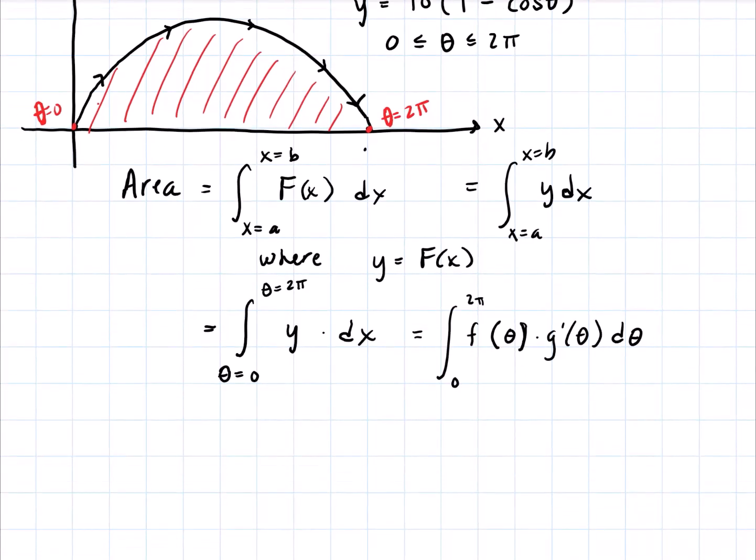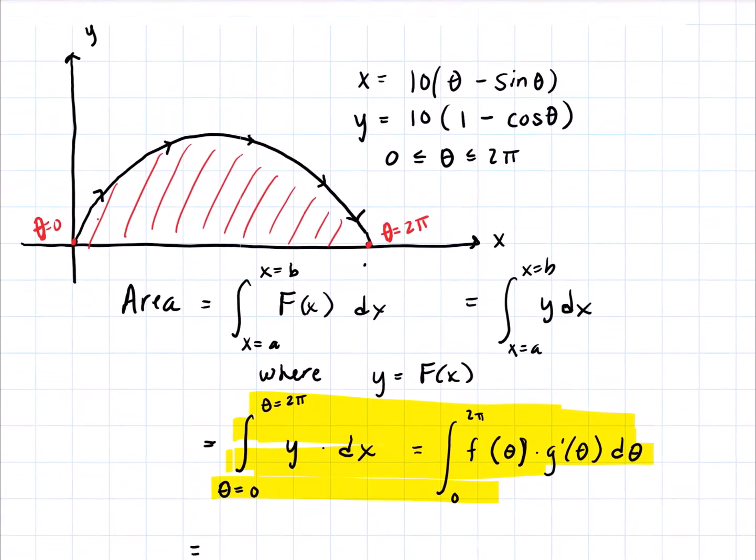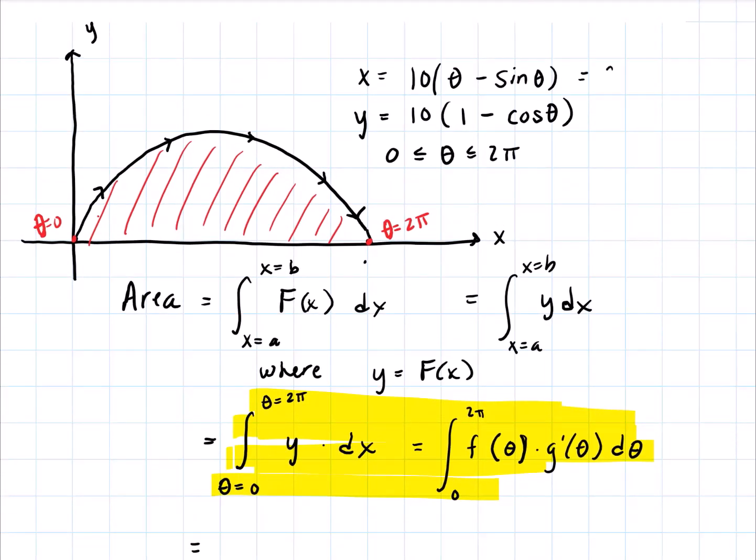We can make those substitutions because we have the parameterization of the same curve, and it's traced out one time from 0 to 2 pi. Okay, all right, so let's do it. So now we're ready to find it. By the way, just through our definition, this is your f of theta, and this is your g of theta.